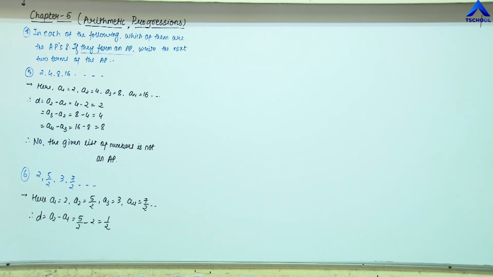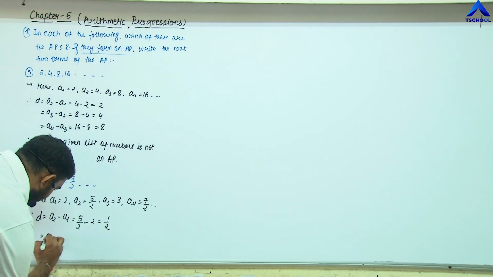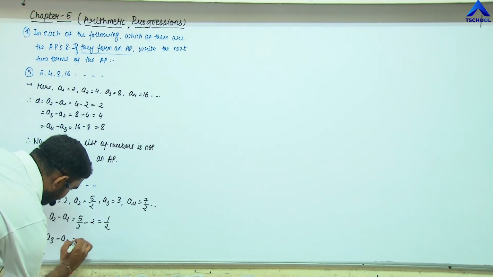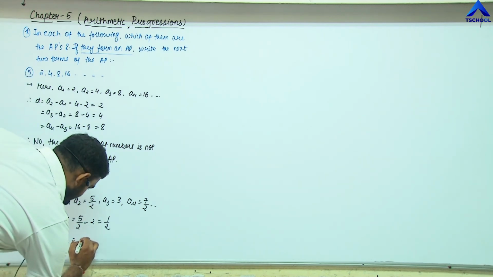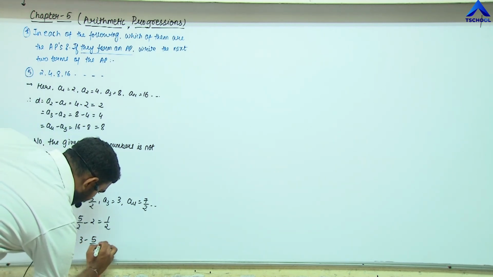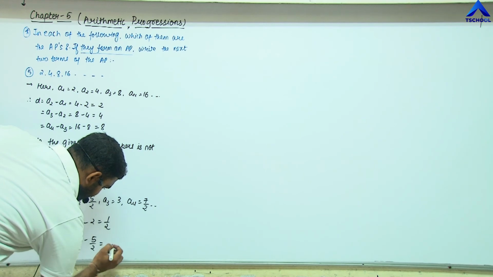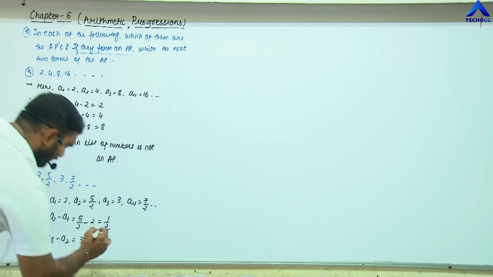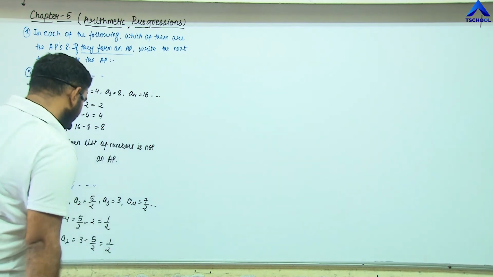2 into 2 is 4, 5 minus 4 is 1. Okay, then that is a3 minus a2, that is 3 minus 5 by 2. 3 into 2 is 6, 6 minus 5 is 1, hence that is also 1 by 2.